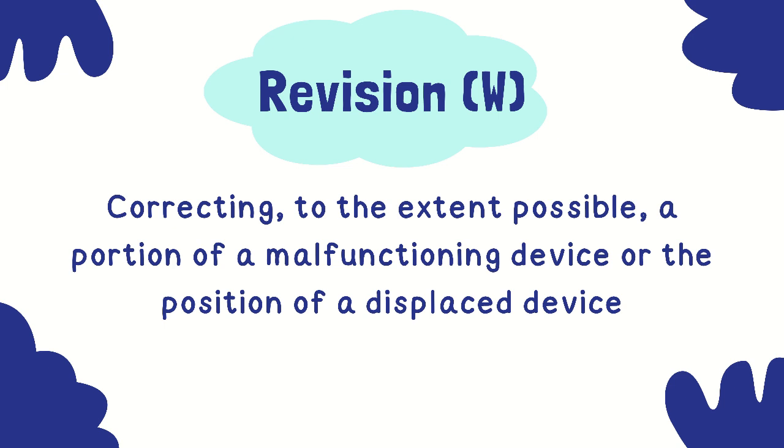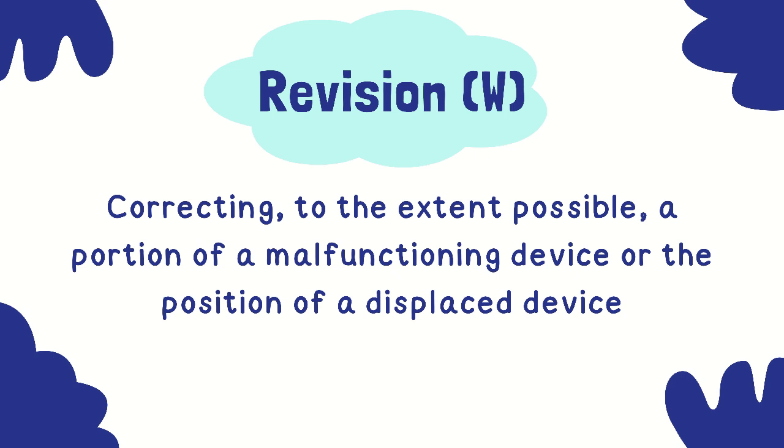So this is root operation revision, which is represented by the character value of a W. So in a revision procedure, the objective is to fix a device that is not working correctly or has moved out of its proper place. If the entire device is removed, this is not a revision. Instead, it would be a removal or something else.